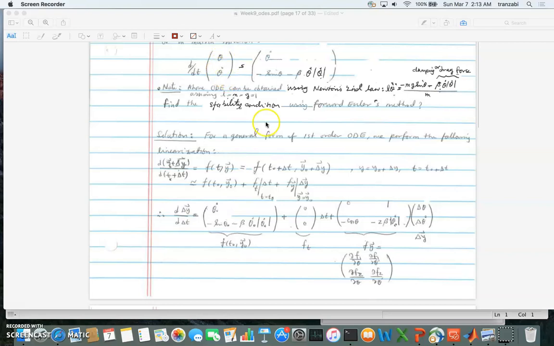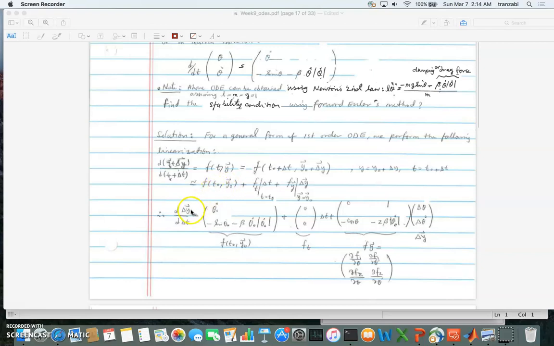According to the Taylor series, the function f of two variables can be written as the function at point t naught, y naught, plus delta t times the partial derivative of f with respect to the first variable t, evaluated at t naught, plus delta y times the partial derivative of f with respect to y at y equals y naught. This is a linearized form of f around the point t naught and y naught.